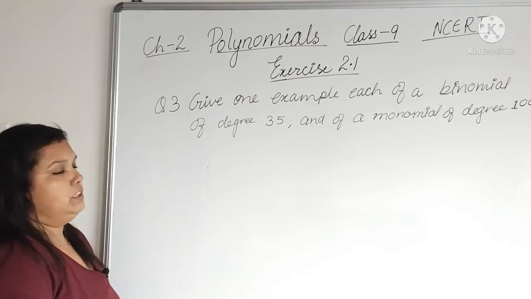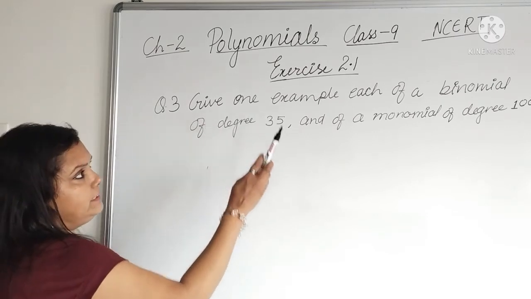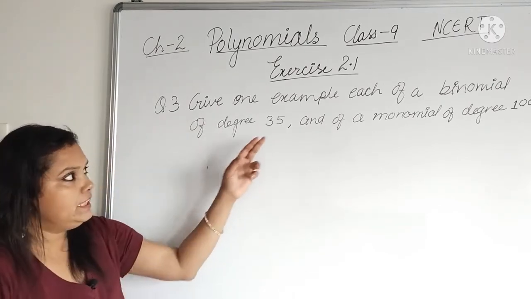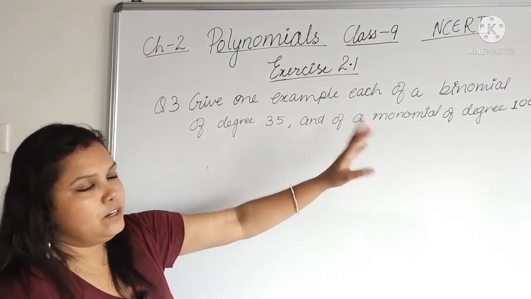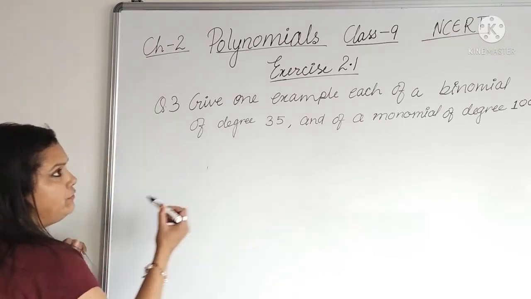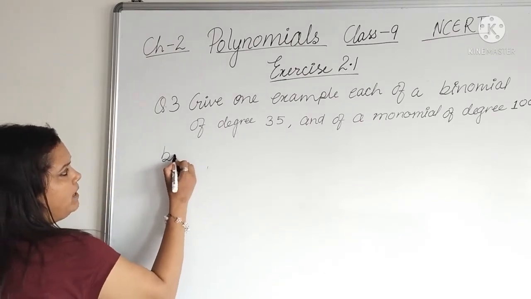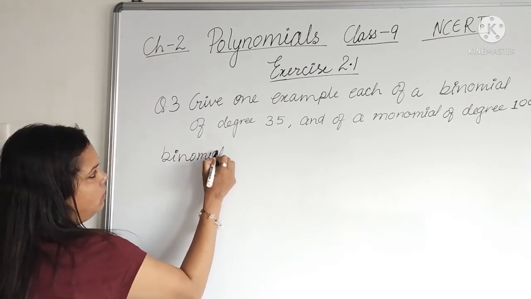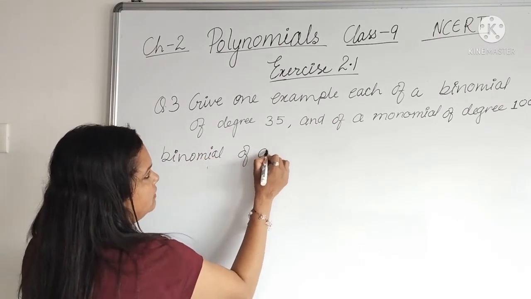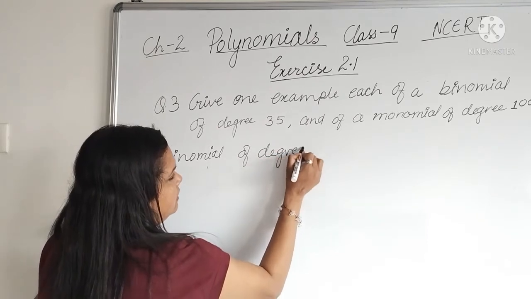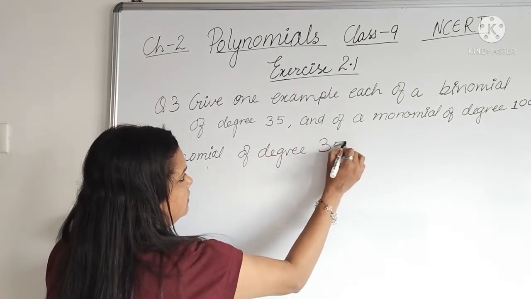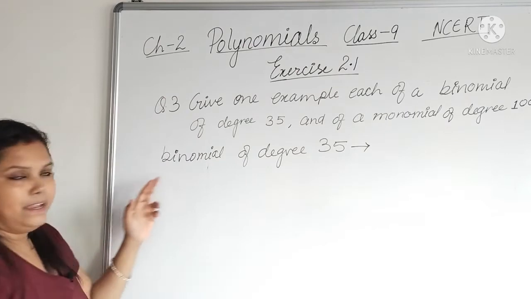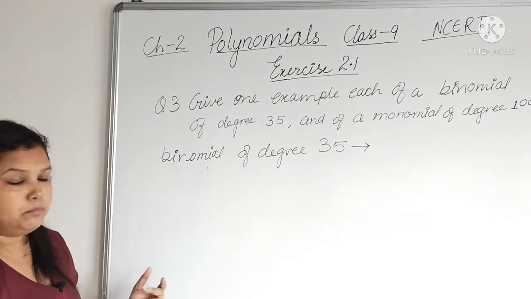Okay. Question number 3. Give one example each of binomial of degree 35 and monomial of degree 100. So first we will do the binomial of degree 35. So binomial means there should be two terms.